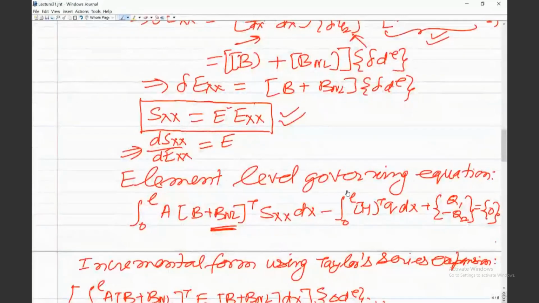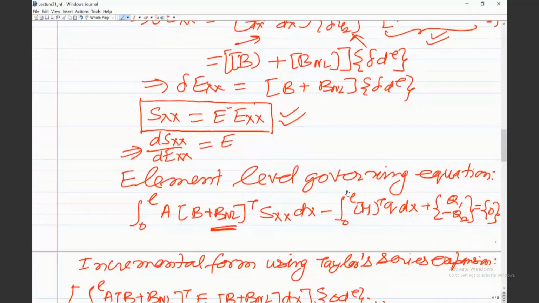Okay, sir. For linear elastic material, we used to have sigma equal to E epsilon. Yeah, so now we are saying the second Piola-Kirchhoff stress tensor is equal to Young's modulus into the x component of the Green-Lagrange strain tensor. So it is also true in this case.